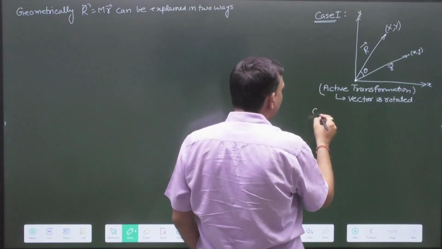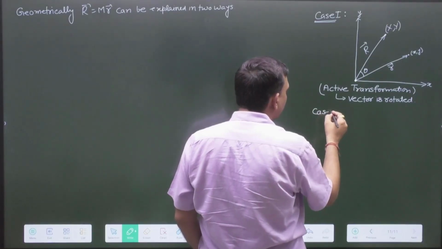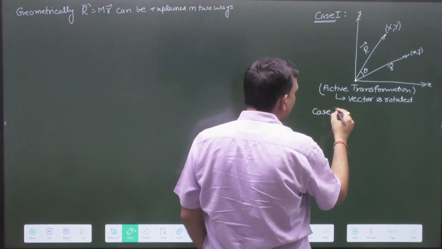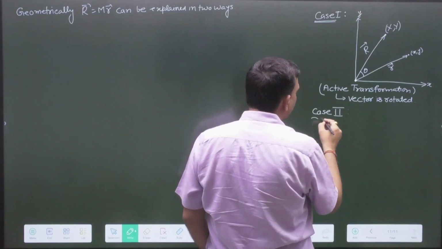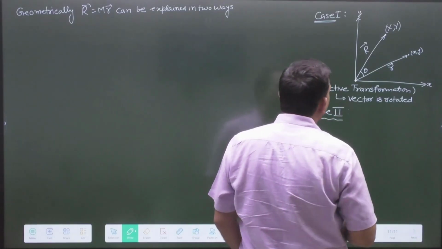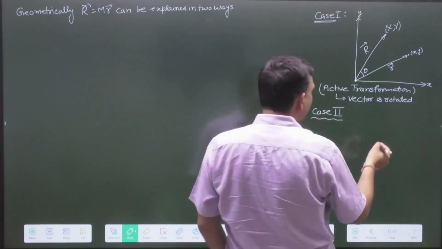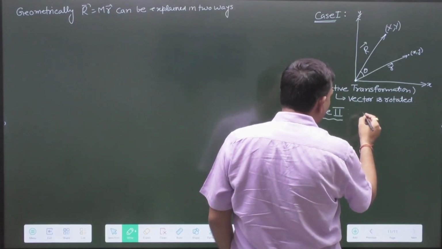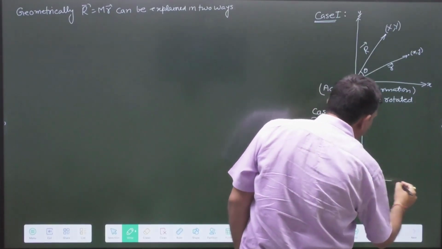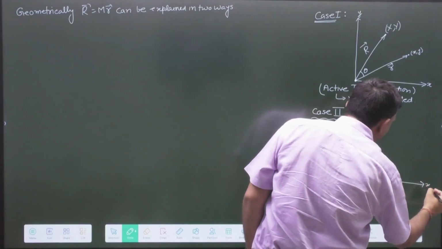Case 2, now we have two sets of coordinate axes and one vector.